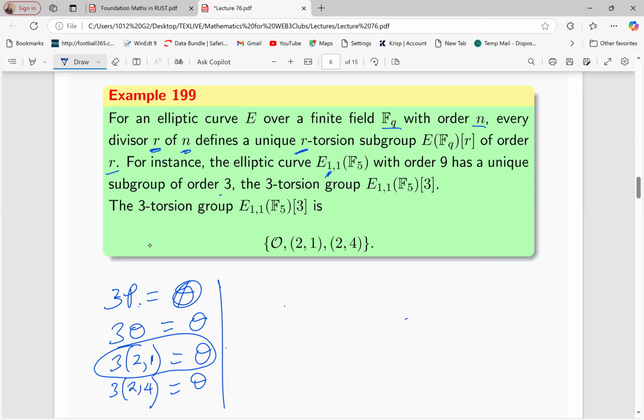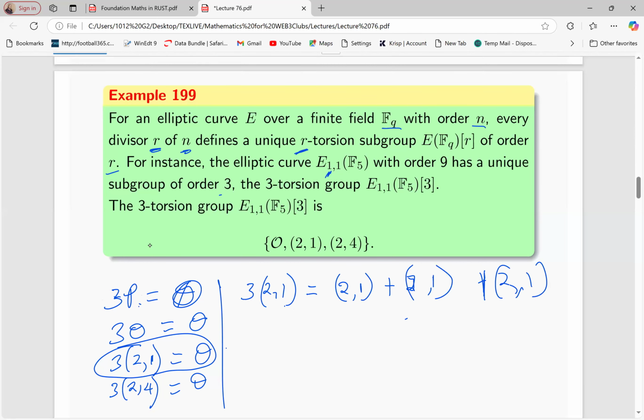3 multiplied by (2, 1), where (2, 1) is a point. This is the same as (2, 1) plus (2, 1). So this is how you do it without code. When you add this, you get the identity.